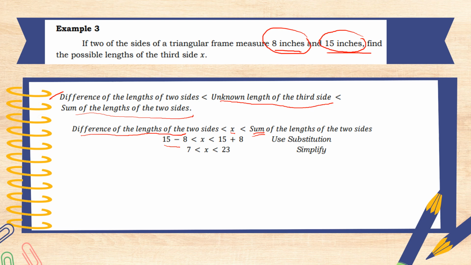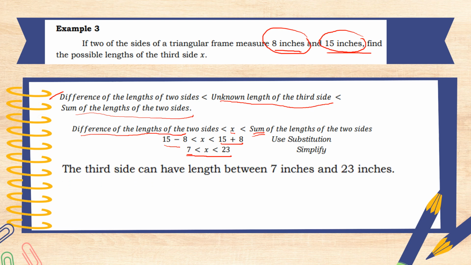By simplifying, 15 minus 8 is 7, is less than x, is less than 15 plus 8, which is 23. So the third side can have lengths between 7 inches and 23 inches.